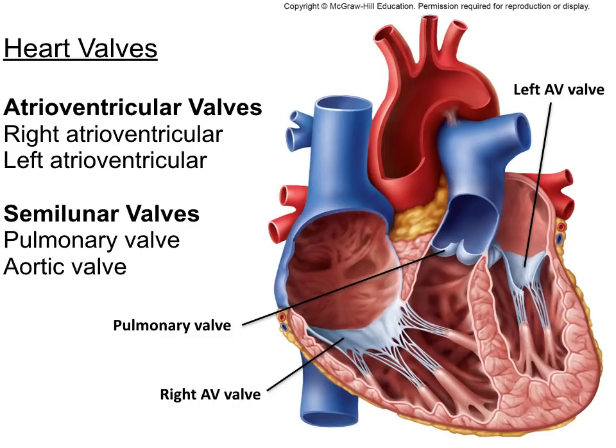Now, there are 2 different semilunar valves. The first one is called the pulmonary valve. The pulmonary valve is positioned between your right ventricle and the pulmonary trunk, which is the main artery that begins the voyage of blood flow to the lungs.